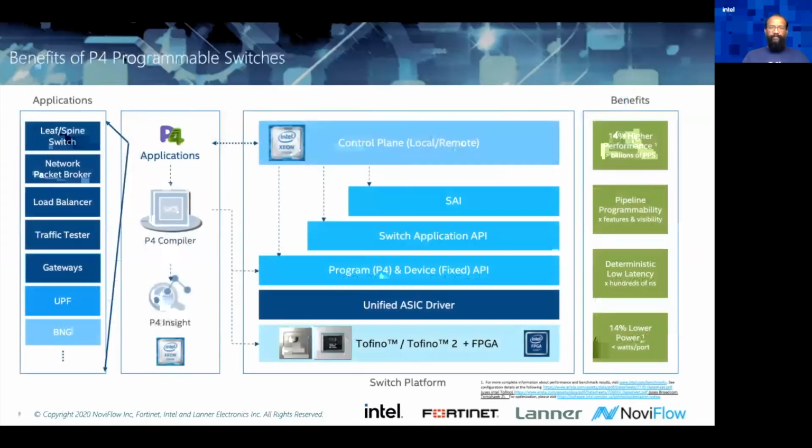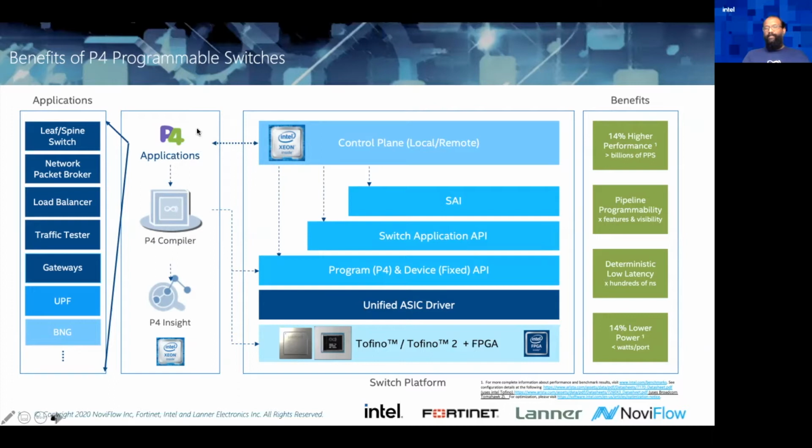Now let's look at how the actual switch systems are built and what are some of the applications, some of which will be discussed later on. So if you look at a typical switch system, it looks like that big blue box in the middle here, the switch platform, and it typically contains a switching ASIC and a control plane processor, typically an Intel Xeon processor, and you can actually develop all the P4 code and the associated software that's needed on a separate server platform, and that's this box that we're showing here.